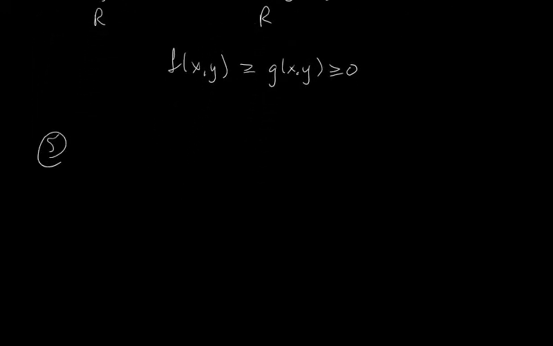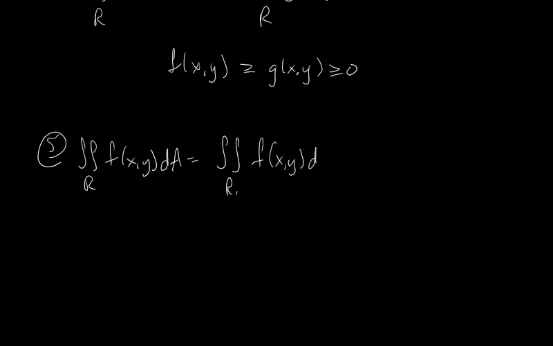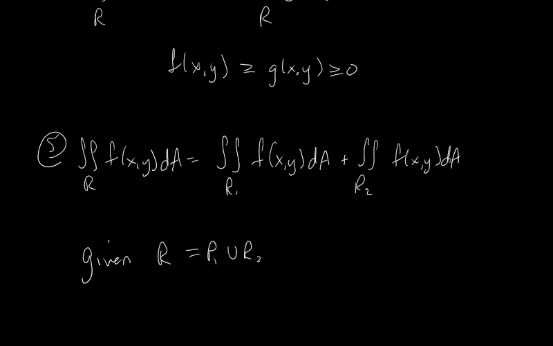5, we've got our double integral over R of f of x, y dA equal to the integral over R1 of f of x, y dA plus the double integral over R2 of f of x, y dA, given that our region R is equal to the union of R1 and R2.